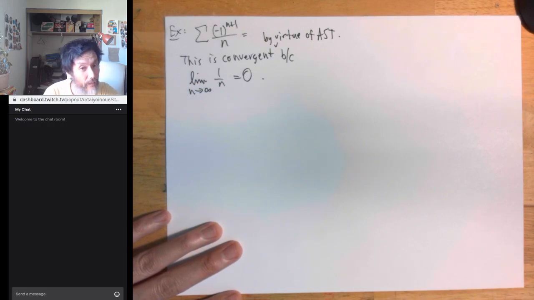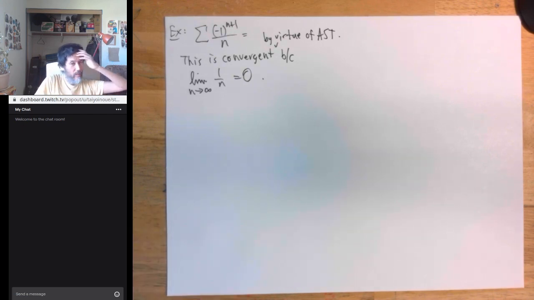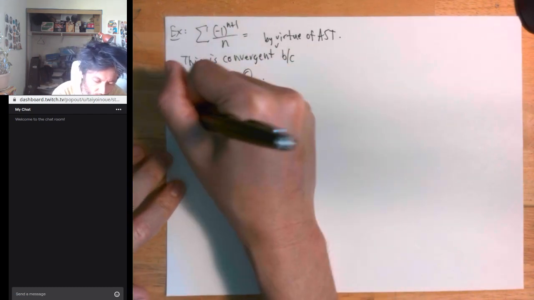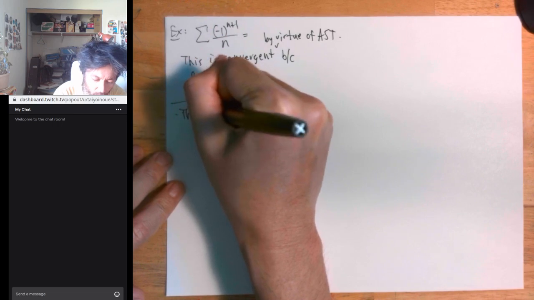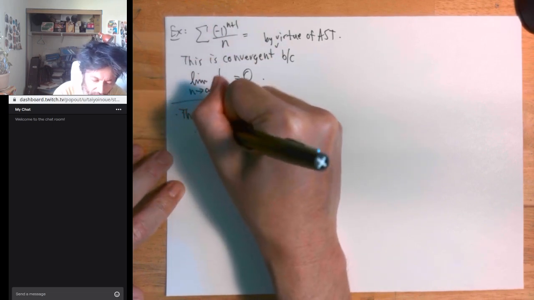That is enough to guarantee that this is a convergent series. Okay? Cool. So, then, we learn the following fact. So, therefore, we have the following situation. Alternating harmonic series.